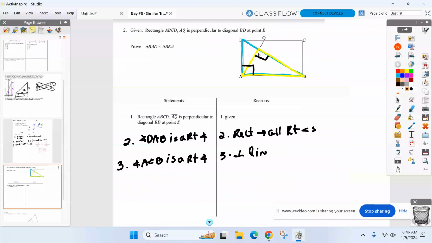Perpendicular lines form right angles. So I do need separate steps because they're right angles for different reasons. But at the end, you still need to tell me they're congruent to each other so I can have the first A in angle. All right angles congruent.